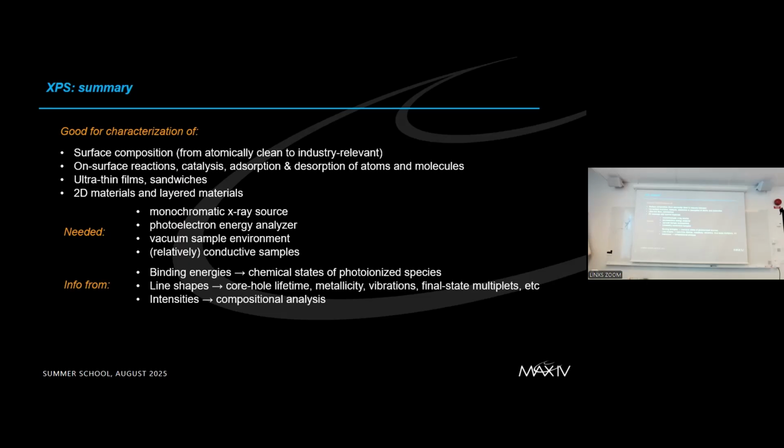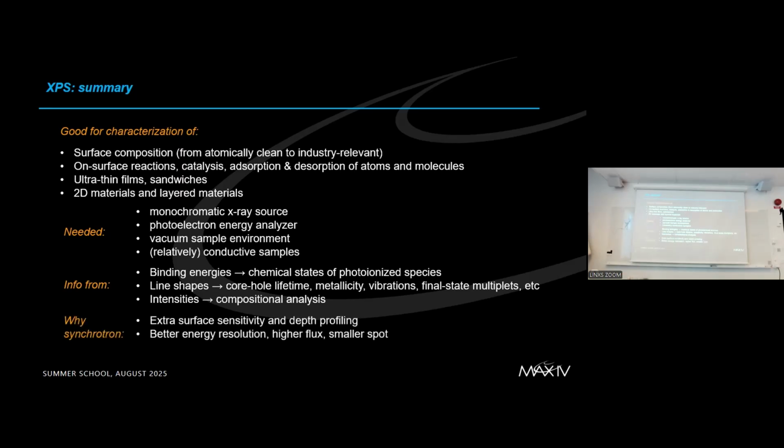We find out information about the binding energies, which gives us information about chemical states of photoionized species. Then line shapes give us information about core hole lifetime, metallicity of the systems, potentially vibrations, multi-state, final state multiplets, etc. And of course, intensities can be used for finding out what is the composition of the surface.